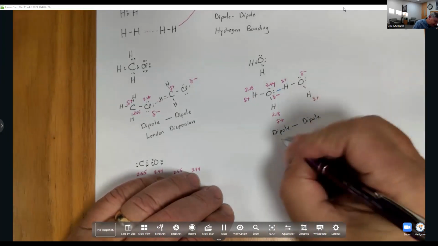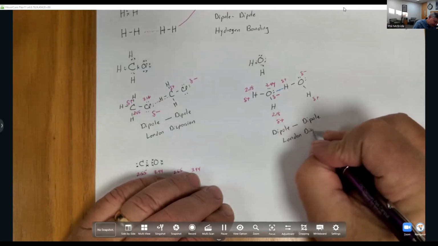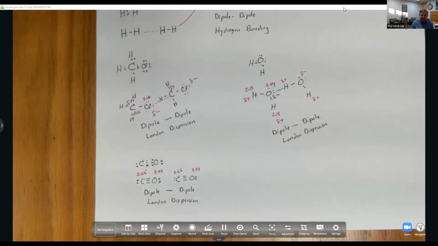And then of course it has London dispersion. The other question, does it have hydrogen bonding?